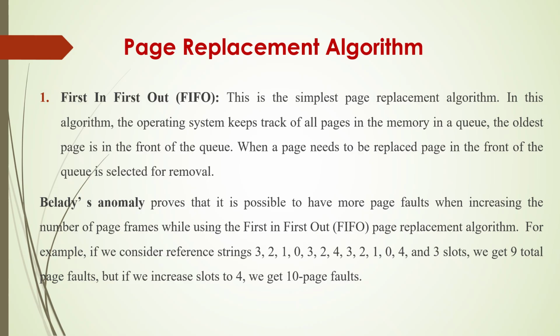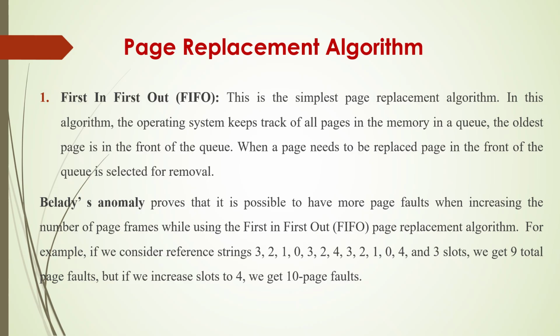For example, if the reference string is 3 2 1 0 3 2 4, and we have three slots, that means three page frames, the total number of page faults is 9. Surprisingly, when the number of page frames is increased to 4, the total page faults becomes 10 instead of decreasing.